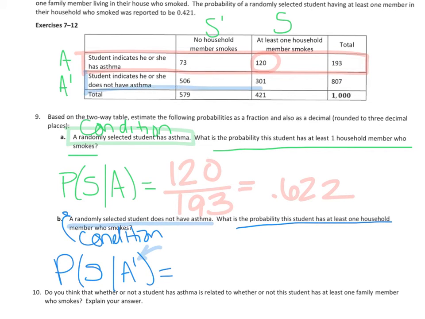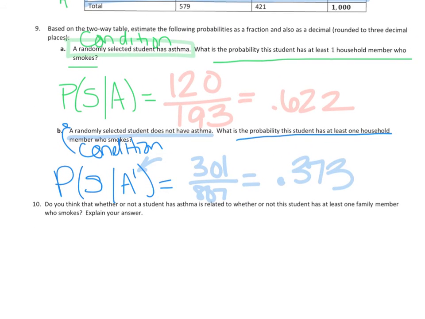So I'm going to look at this row right here. My total is going to be out of 807, because that's the total I'm using. The probability that they have one household member who smokes would be 301 out of 807. So that would get me 0.373.